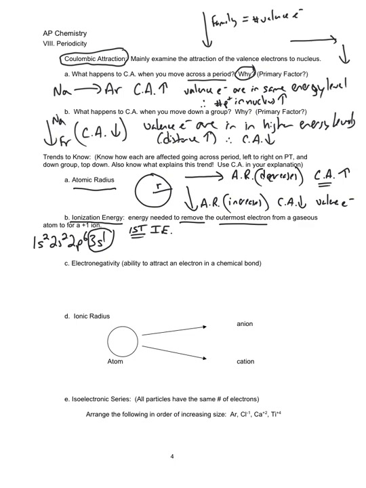How much energy does it take to remove that electron? That is the first ionization energy. The second ionization energy would be the energy it takes to remove the second electron, and so on and so forth.